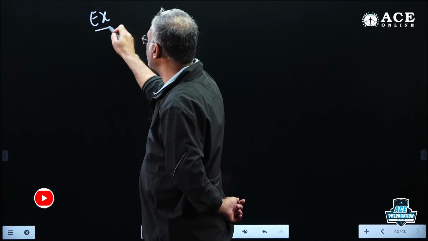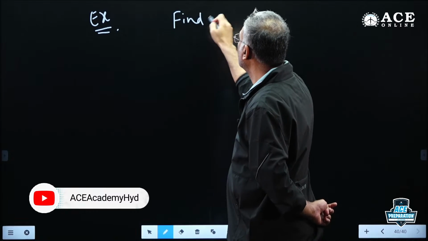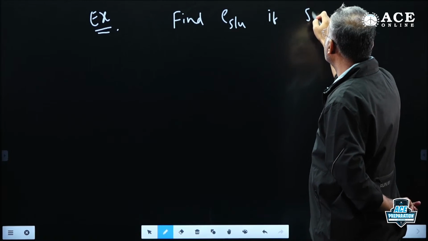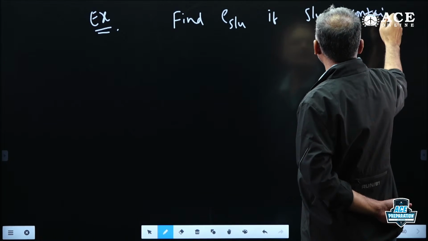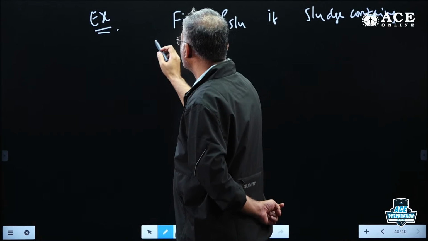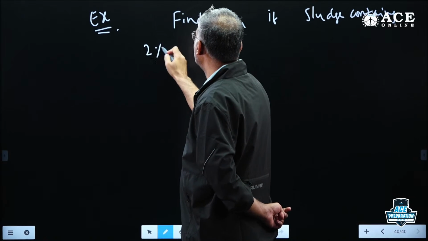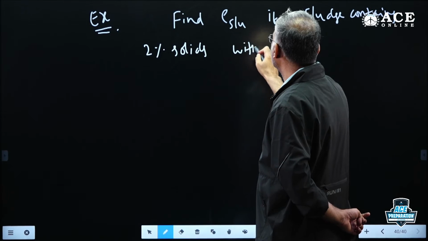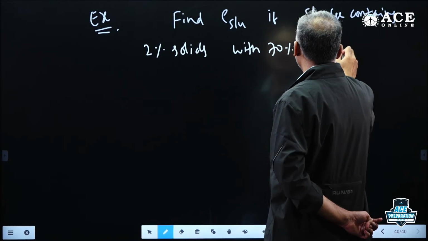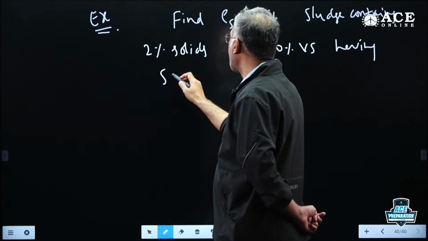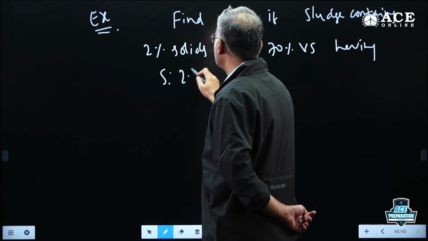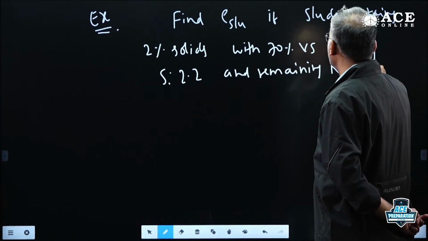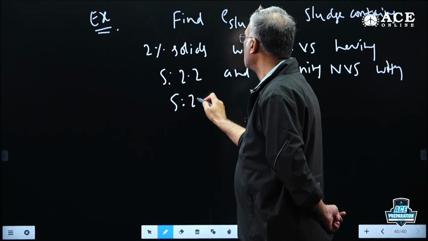we have been asked to find the density of sludge if sludge contains 2% solids, with 70% volatile solids having specific gravity 2.2 and the remaining non-volatiles with specific gravity 2.7.